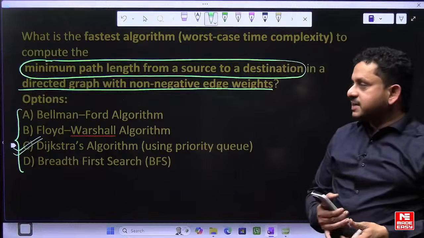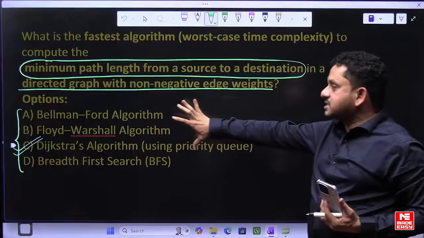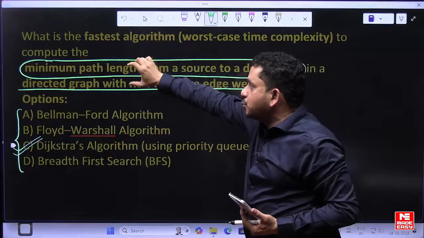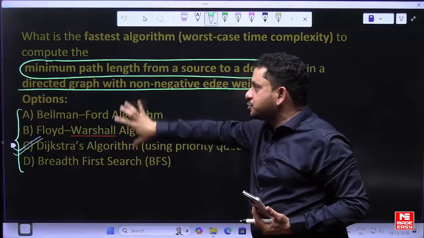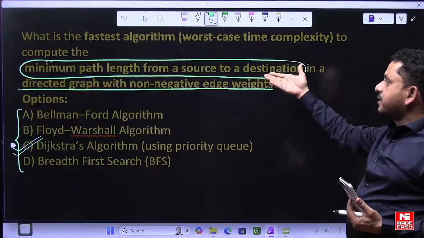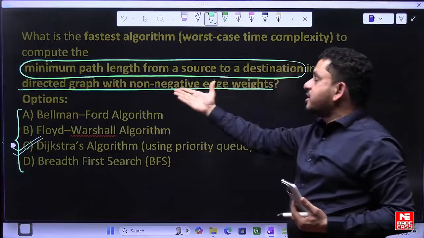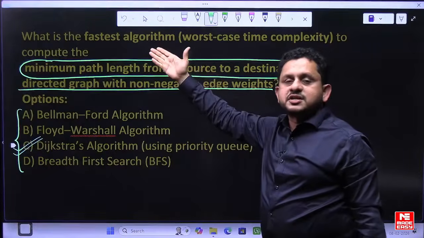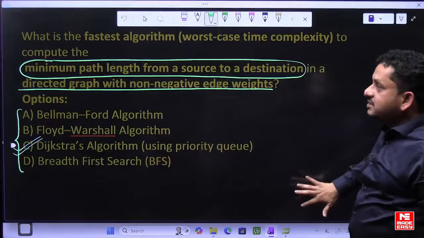I just received one statement, so based on that I am guessing these options because it should be a multiple choice question. For single source shortest path with non-negative edges, the best algorithm is Dijkstra, right?